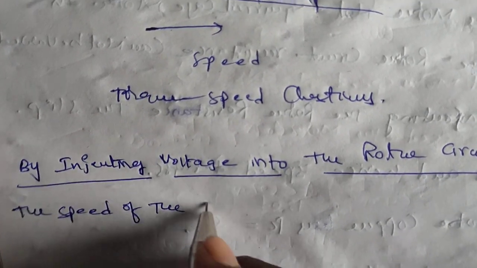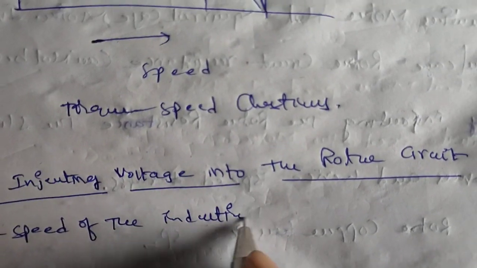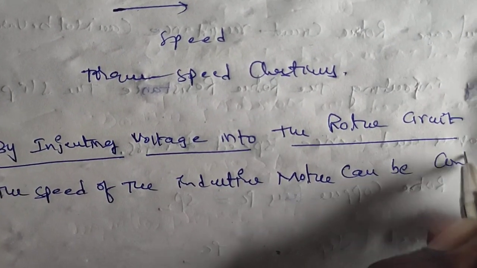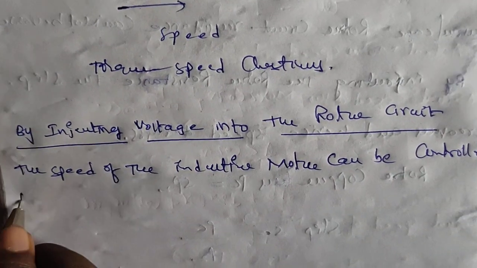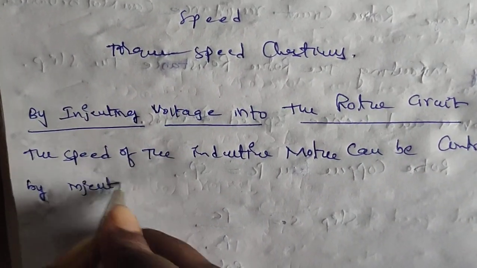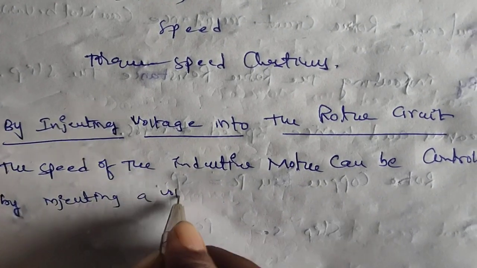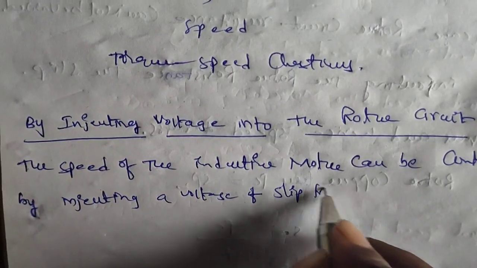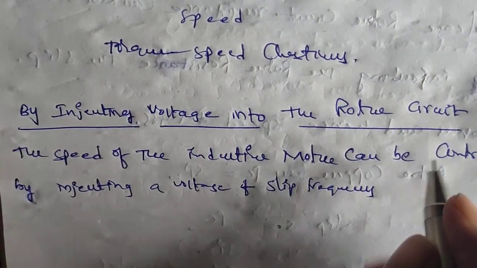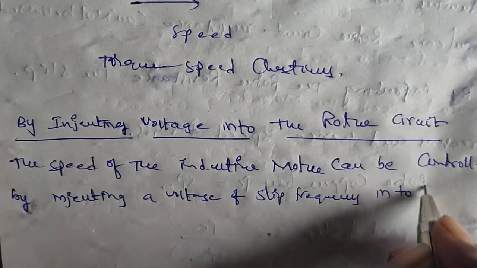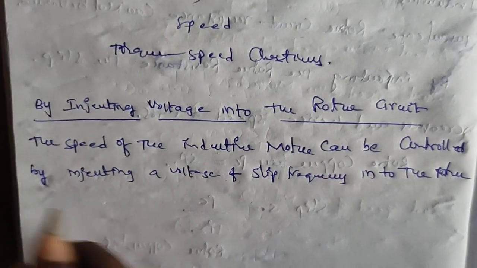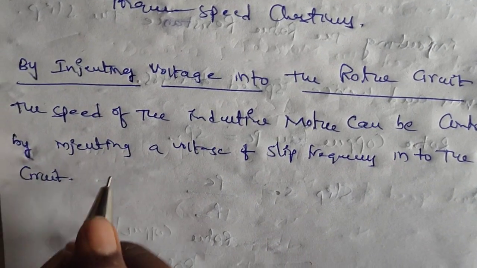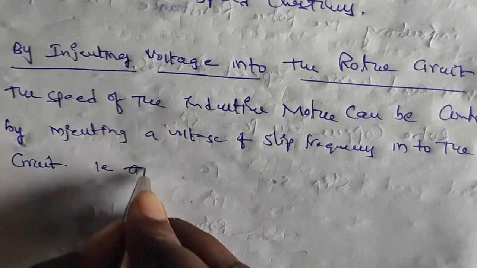The speed of the induction motor can be controlled by injecting a voltage of slip frequency into the rotor circuit, that is, across the slip rings.